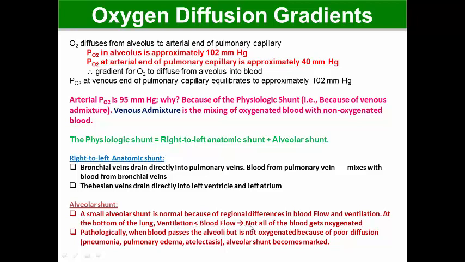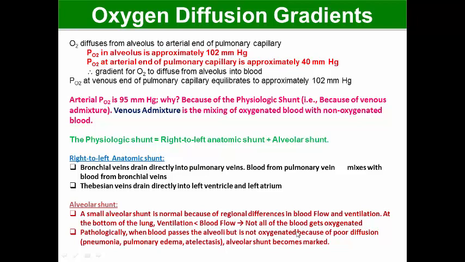Accordingly, not all of the blood which goes through the pulmonary capillaries at the base of the lung gets oxygenated. So in this case, the blood passes some of the alveoli but is not oxygenated.